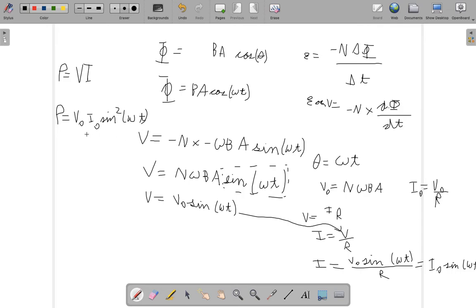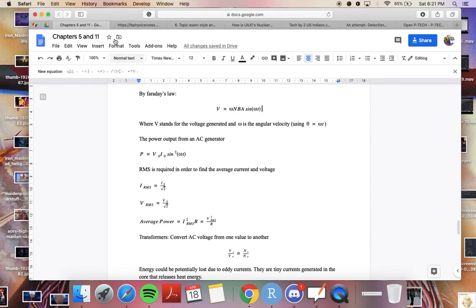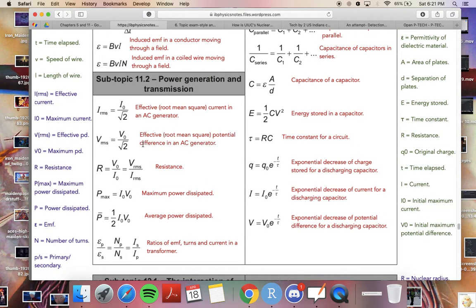And that is the equation to find the power at any given moment. We can also take the maximum power, which will always be equal to the maximum voltage times the maximum current. Well, this is also not in your data booklet, but you should keep it in mind.